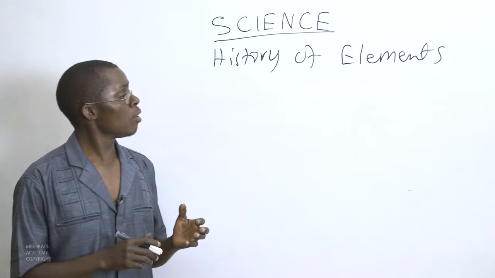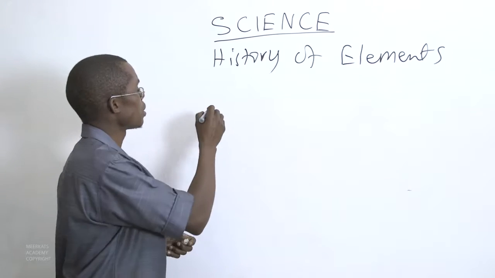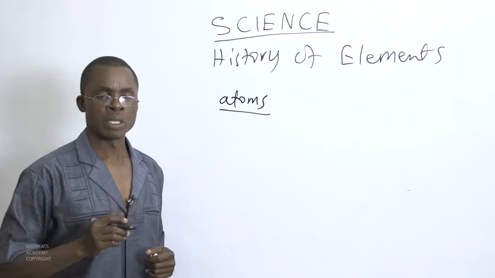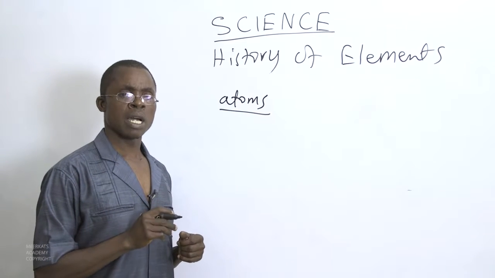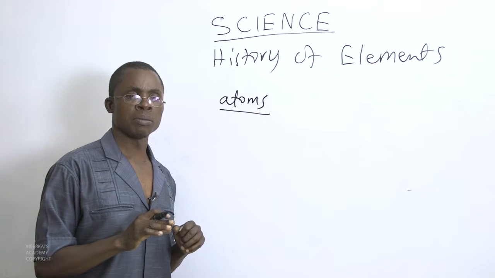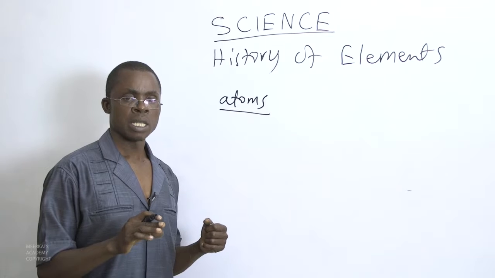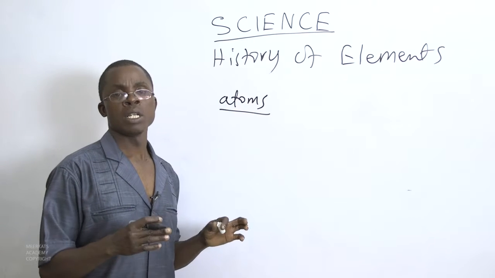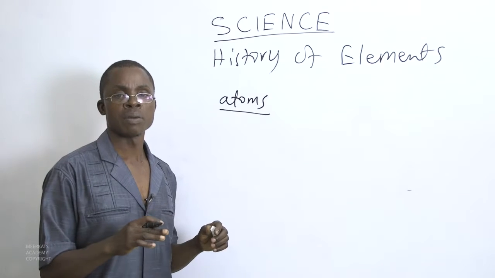Again, they also described atoms in different ways. They looked at so many substances, types of matter that exist, that they are interacting with, and they saw surely that matter is different.